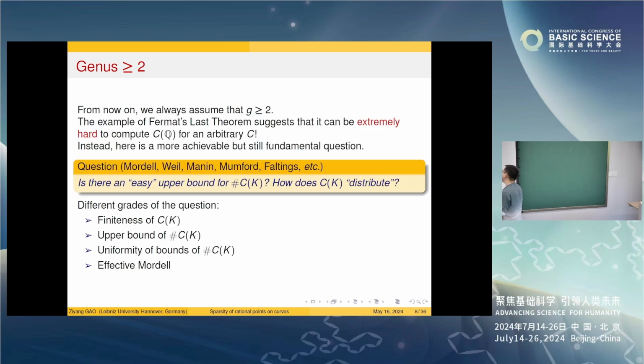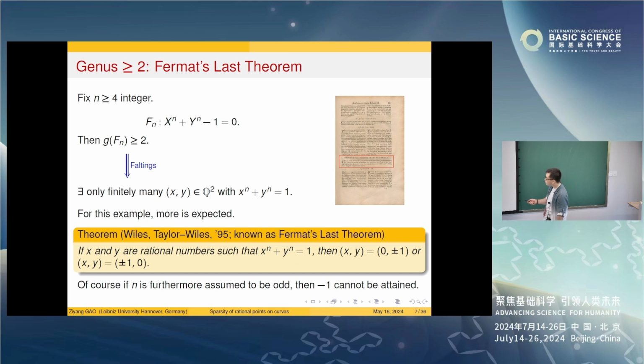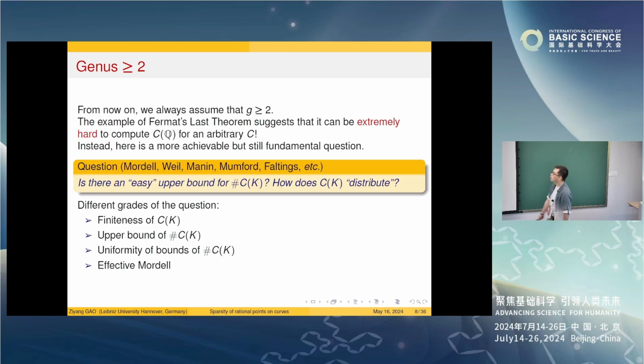Okay. Now, from this example, we see that given a simple curve like this, it's already extremely hard to compute the set of rational points. So this is really an extremely hard question to ask. Instead, here is a more achievable but still fundamental question that we can ask and study.